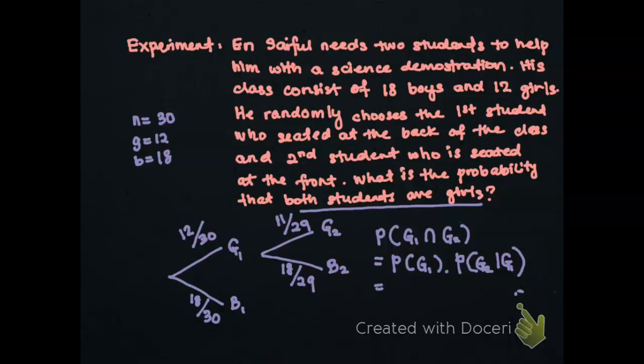The probability of a girl at the first event is 12 over 30, and the probability of selecting a girl at the second event, given that the first one is a girl, is 11 over 29. So the total probability of selecting both girls is 22 over 145. So this is your probability of getting both students as girls.